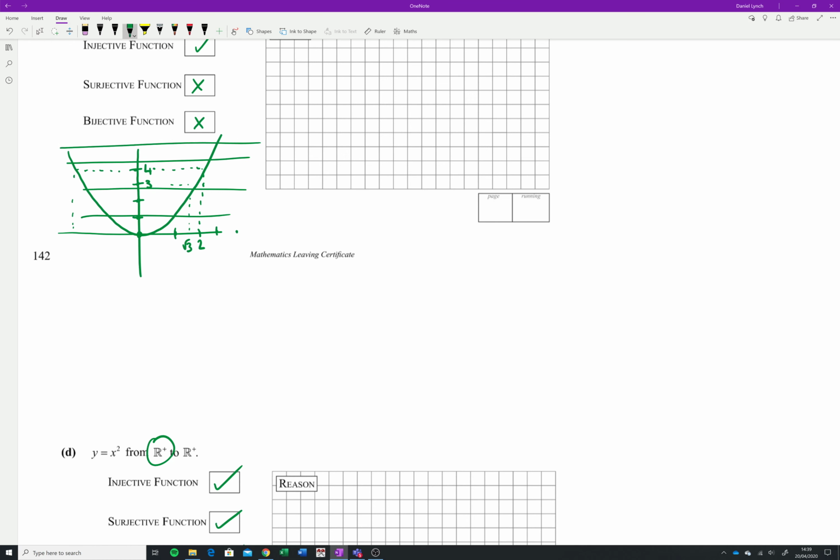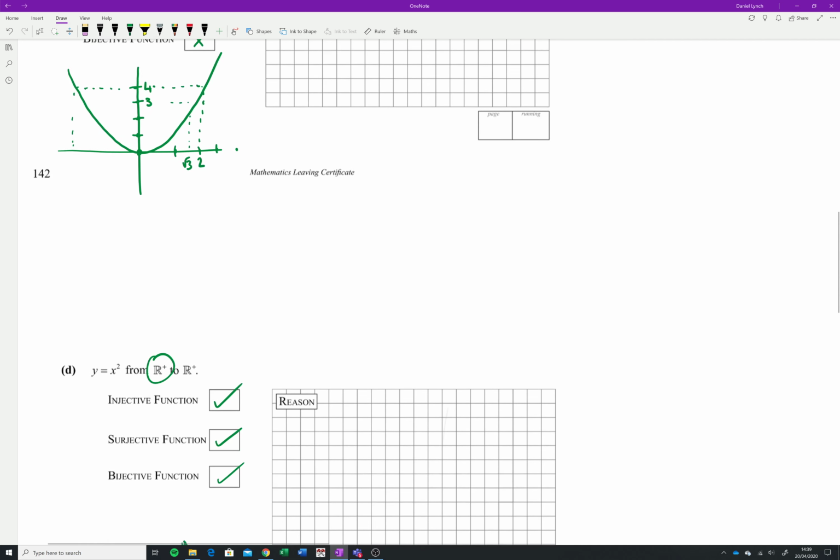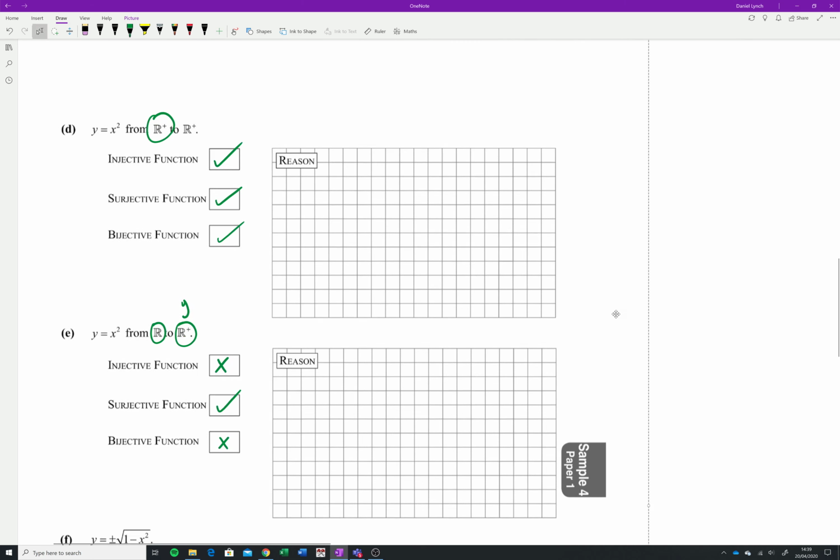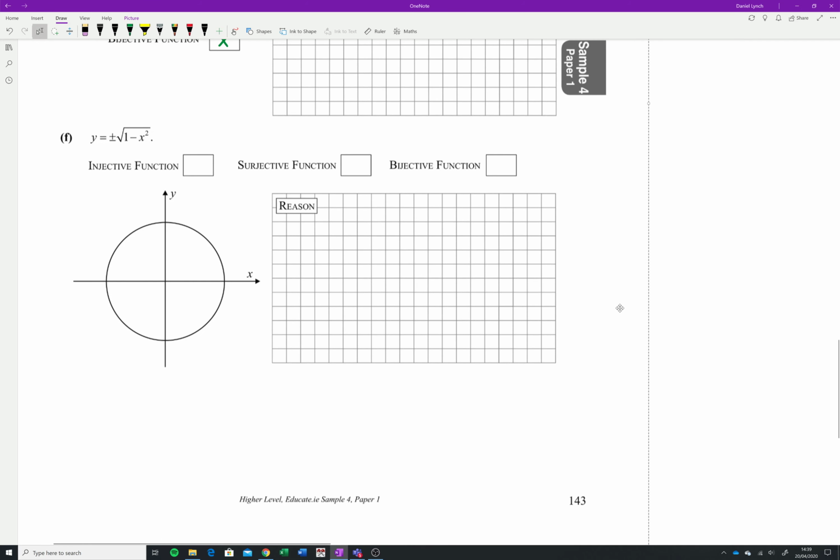In fact, it'll always hit it twice, apart from at 0 where it hits just once, but it has to hit at least once, and they all do. So in this case, it is surjective, and it's not bijective. Wow. Now that is a tough question for sure.